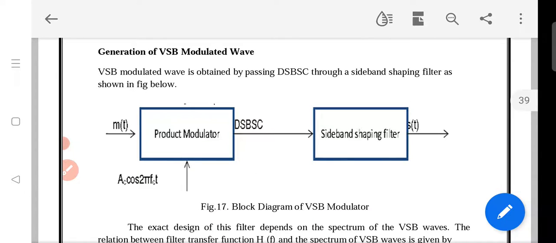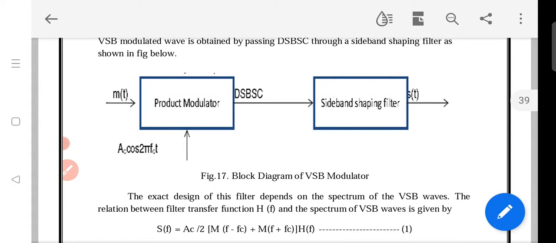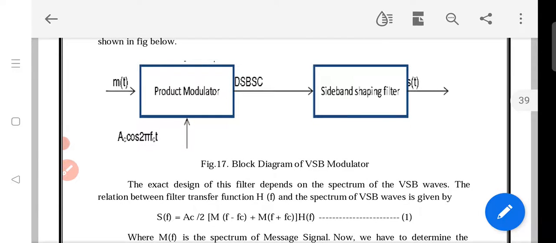This is the generation technique, the VSB modulator. The VSB modulator block diagram incorporates a product modulator and a sideband shaping filter. The product modulator is already well known: the message signal and carrier signal are multiplied here, and the output is DSB-SC.